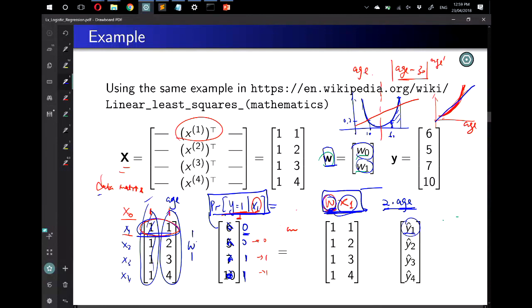Now, if you just do something like this, it's not going to work. Why? Because, for example, if you think about this as 2 times age, the domain of this one is the real domain, right? That's the general case. But look at the domain on the left-hand side. It's always going to be between 0 and 1, right? So there is no way you can do it very well directly.